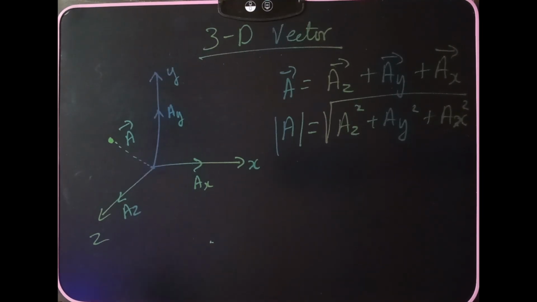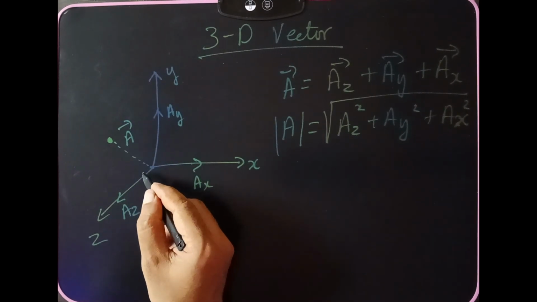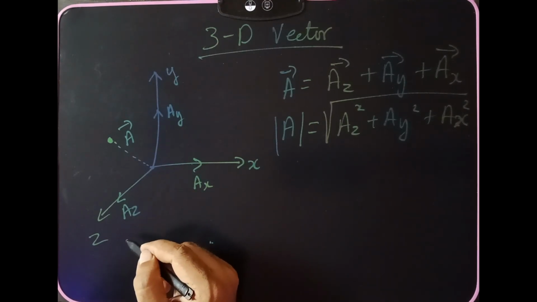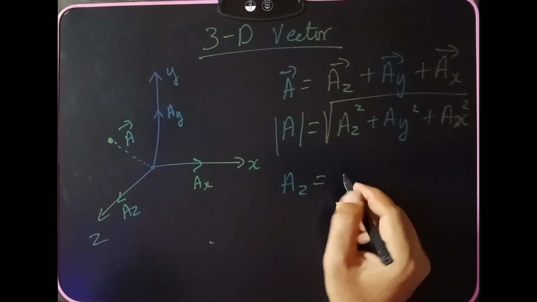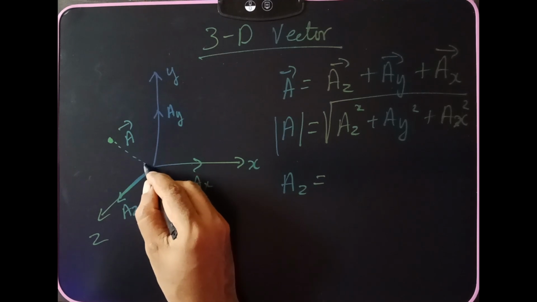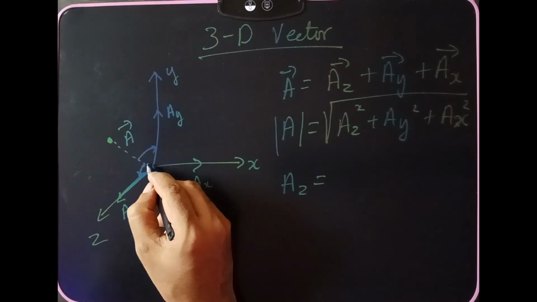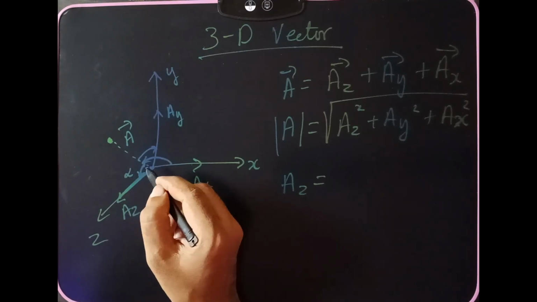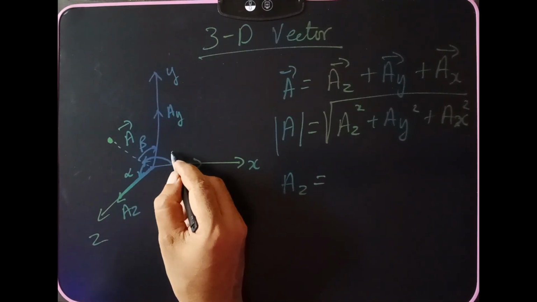Now each of them will be making some angle. This component will make some angle with y, some angle with z, and some angle with x. Let's say the angle made with z is alpha, with y is beta, and with x it is gamma.